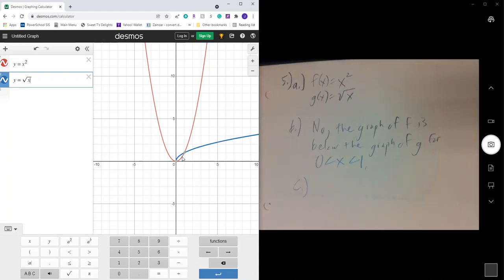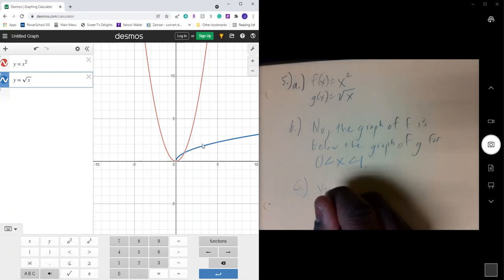Okay, now we come here to C. It says, is x squared greater than the square root of x for x is greater than 1? Okay, so when x is greater than 1, if you notice, the f of x graph is actually larger than the g of x graph. So the answer is yes.